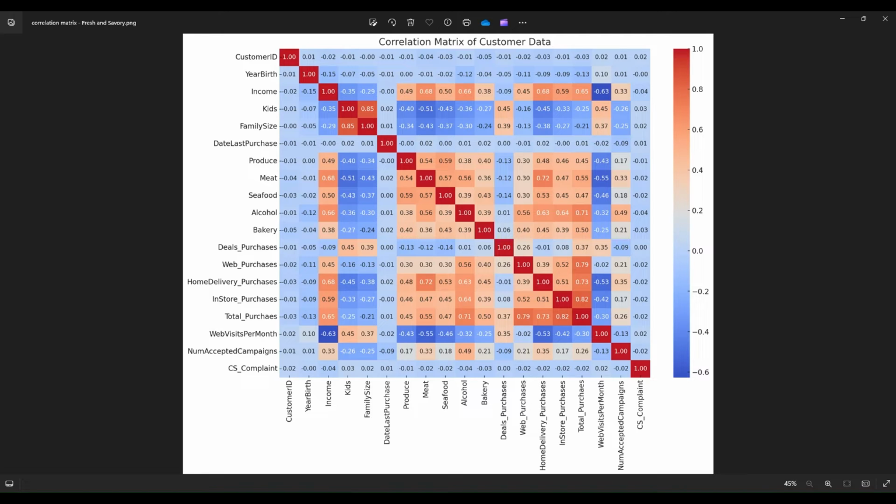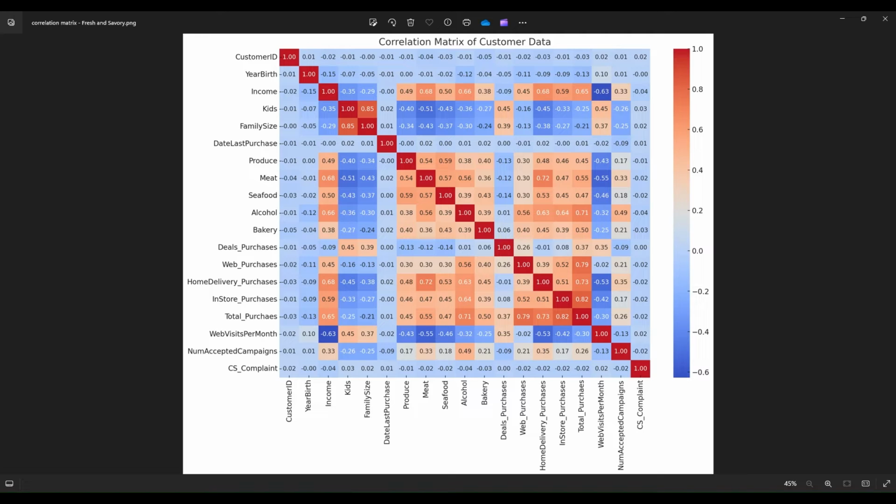However, there is a positive correlation between web purchases and income, indicating that when higher income customers do visit, they are more likely to make a purchase. In store versus home delivery purchases. There's a positive correlation between in store purchases and total purchases, suggesting that customers who make more in store purchases also tend to have a higher total number of purchases.